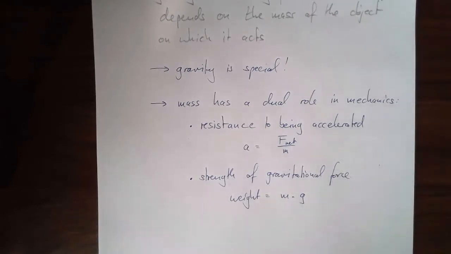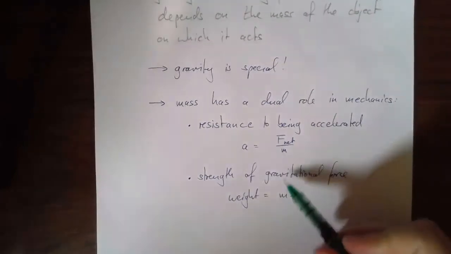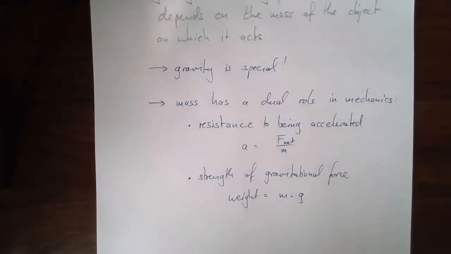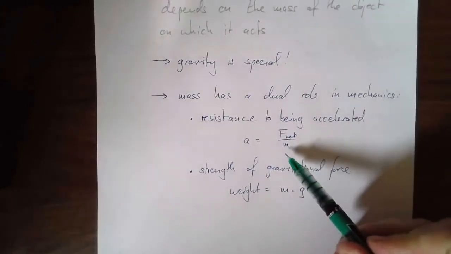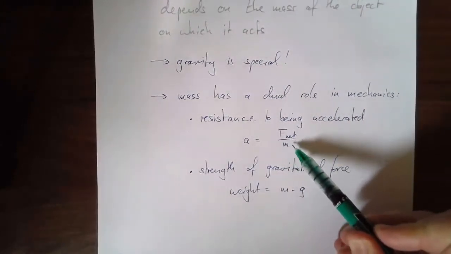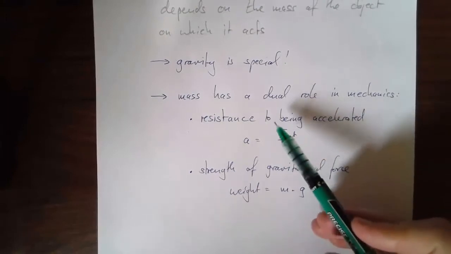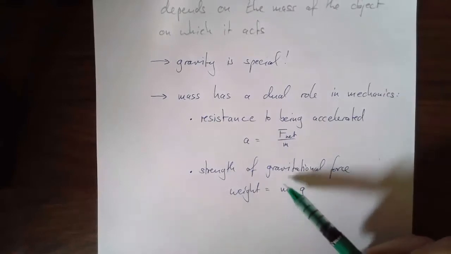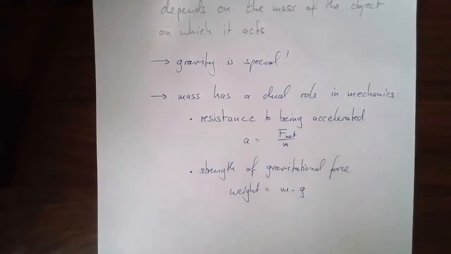We observed this experimentally. So those two appearances of mass, they're conceptually very much independent of each other. There's no inherent reason, at least not from the point of view of Newtonian mechanics, that the property of an object that determines how hard it is to make it go should be the same as the property of an object that determines the strength of the gravitational force.